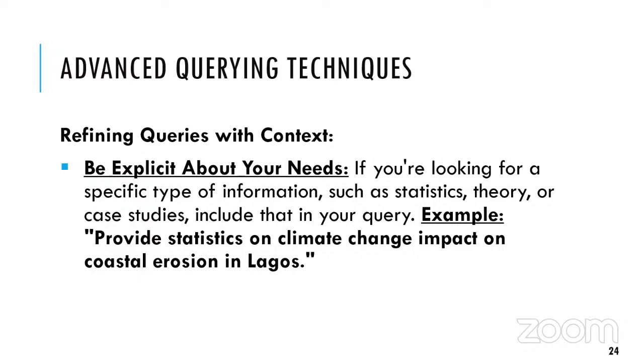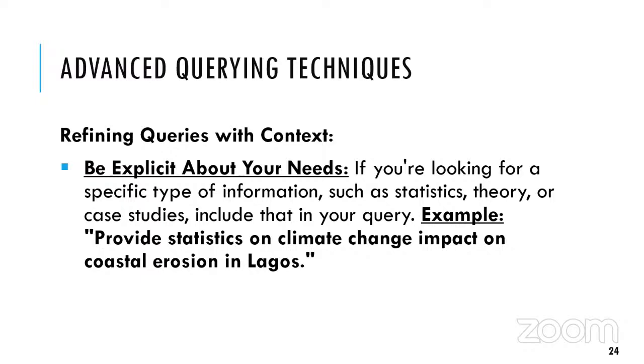To say it again very well, we're emphasizing the same thing all over again. Be explicit about your needs. If you are looking for a specific type of information such as statistics, theory, or case studies, include it in your search query.